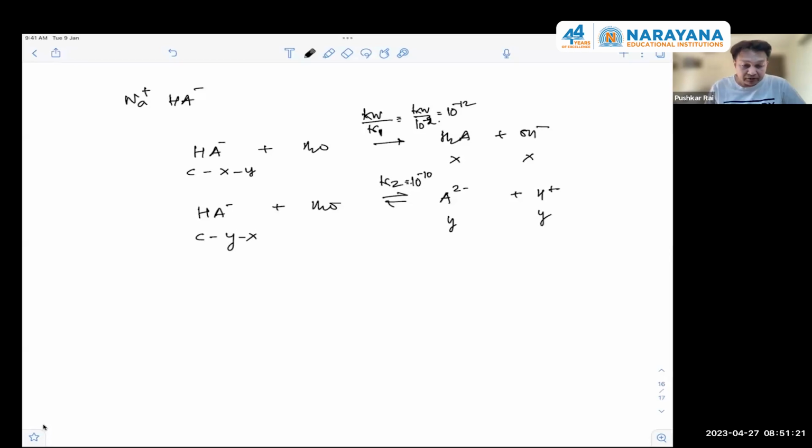The larger one. So Y is going to be larger than X. This means that A2 negative will be slightly greater than H2A.